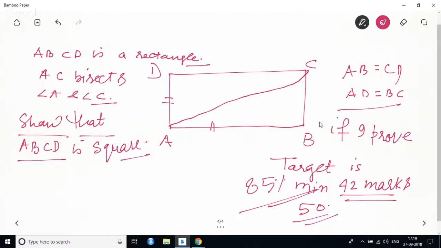Now if I prove AB is equal to AD, then in that case I'll be able to prove that ABCD is a square. Now how do I prove that AB is equal to AD? It's pretty simple, I have to go to some kind of congruency or something like that.